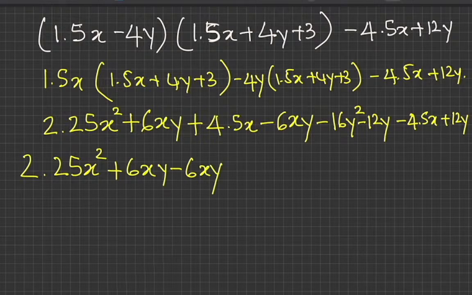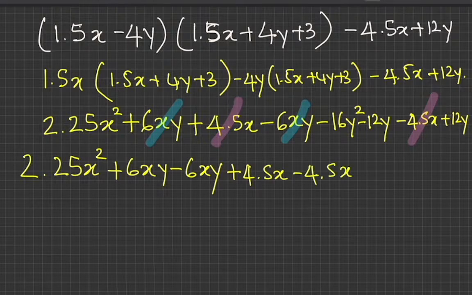So I'm done with these two. And then I have plus 4.5x, and then I have a negative 4.5x over here. So I take that. And then I have a negative 16y squared. And then I have negative 12y plus 12y. So I've taken these two as well.